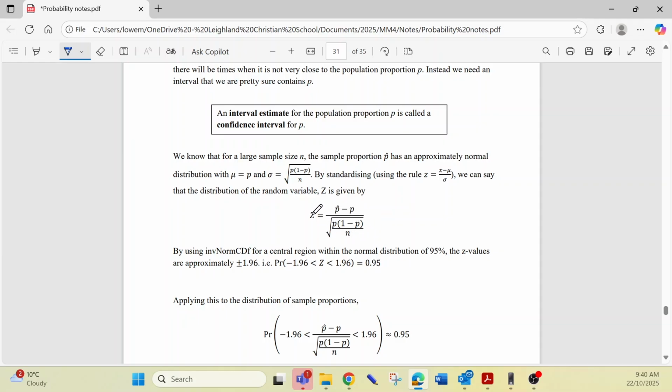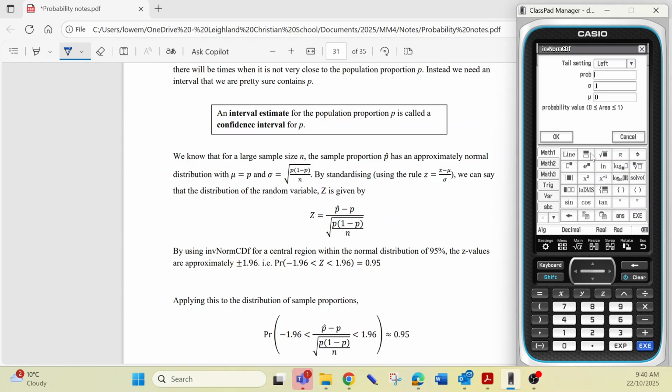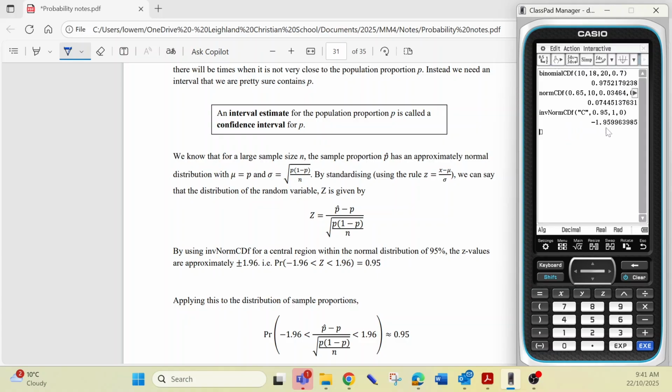So now if we use inverse norm CDF for a central region, so if I go here and go inverse norm CDF and I change that to center, set my probability at 0.95 because I'm wanting a 95% confidence interval, with standard deviation of 1 and a mean of 0 because we're standardizing, that gives us a z value of 1.96.